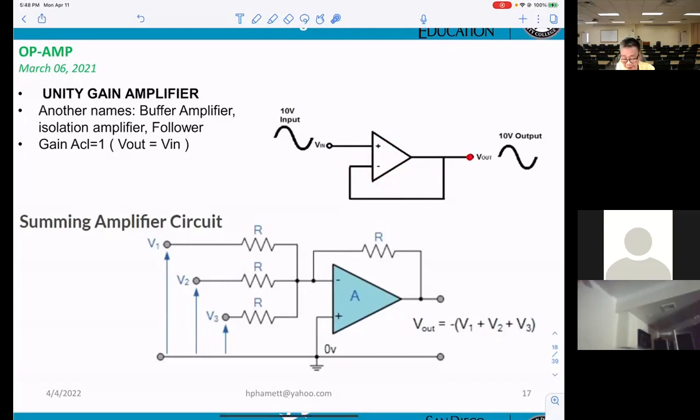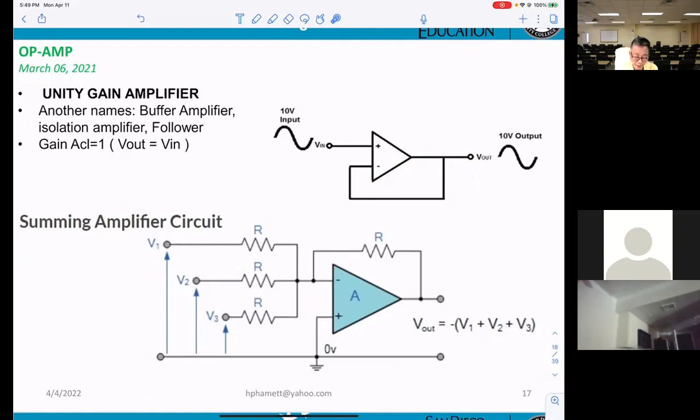For some reason, if the output is shorted to the ground, the input and the output are isolated, so you don't have any problem. Without the unity gain, if the output is shorted to the ground, it will cook the IC right away. Okay, that's what they call isolation.